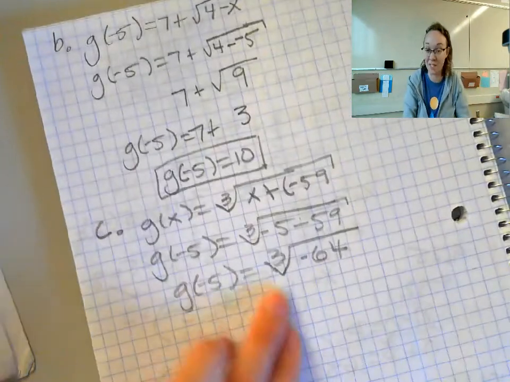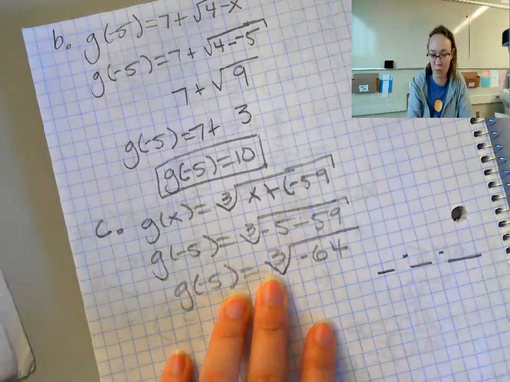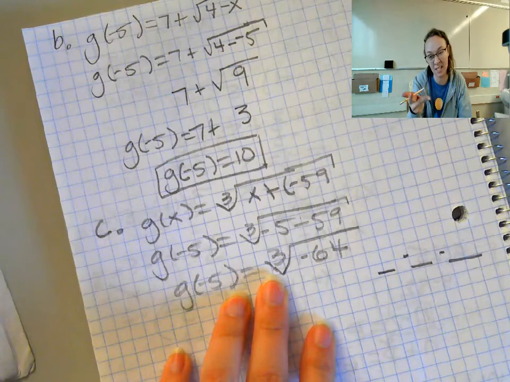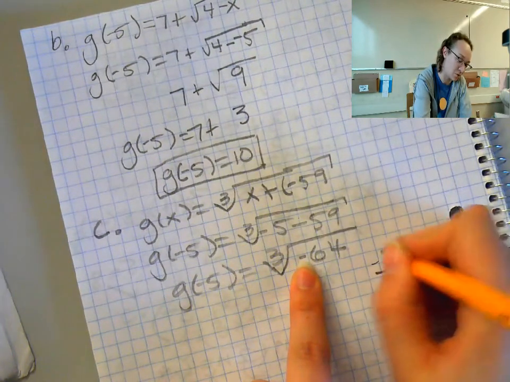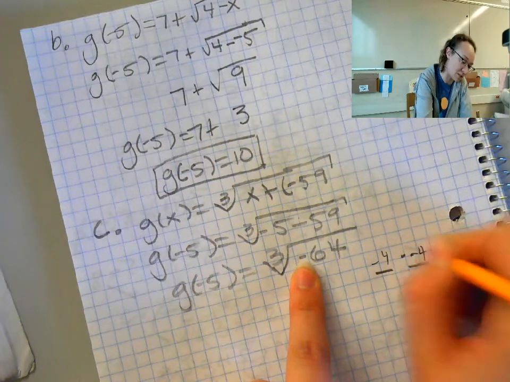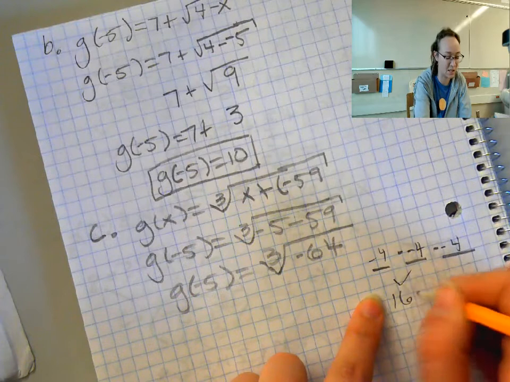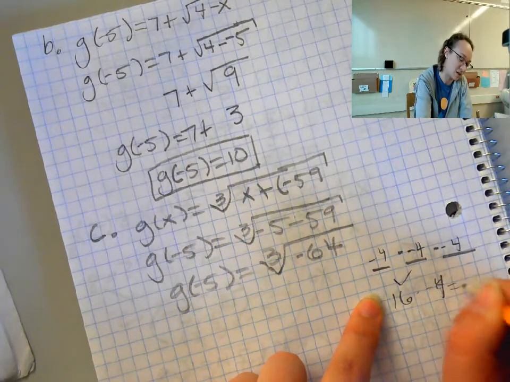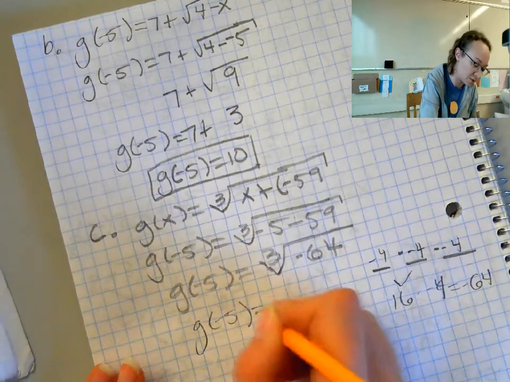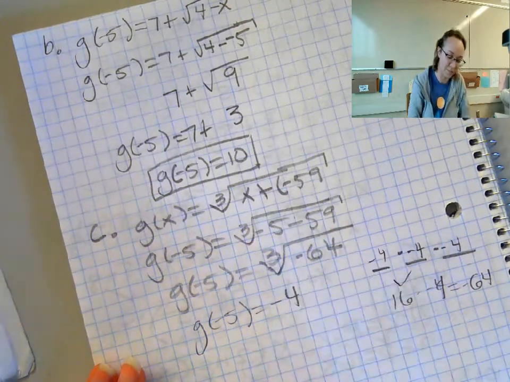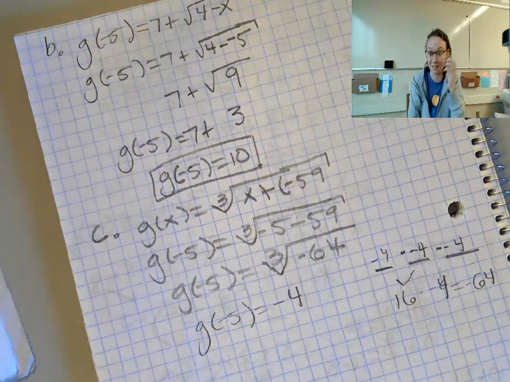Now, cube root means something times itself 3 times. Well, 4 times 4 times 4 gives me 64. But I need a -64. -4 times -4 times -4, that would be 16 times -4, which is -64. So g of -5 equals -4, because -4 times itself 3 times gives you -64. And that's the meaning of a cube root.